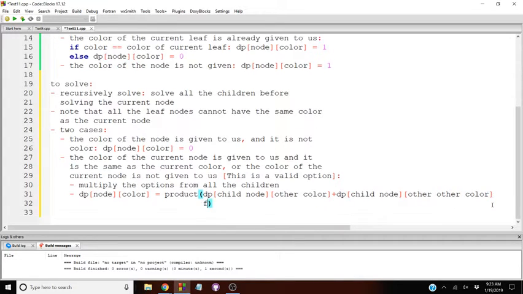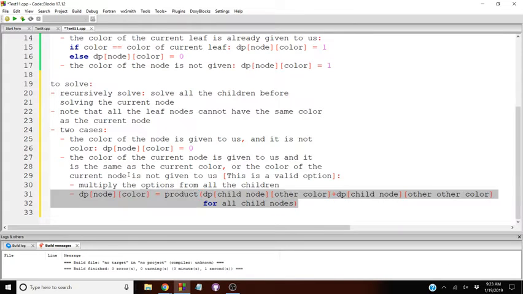And this is for all children nodes. This is the formula.